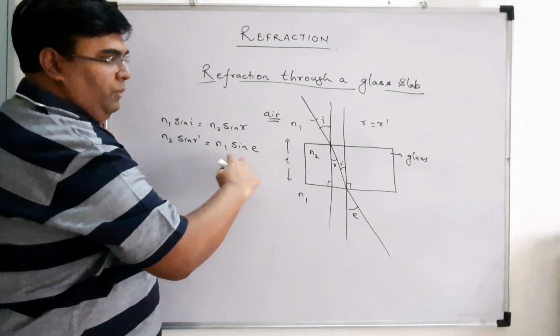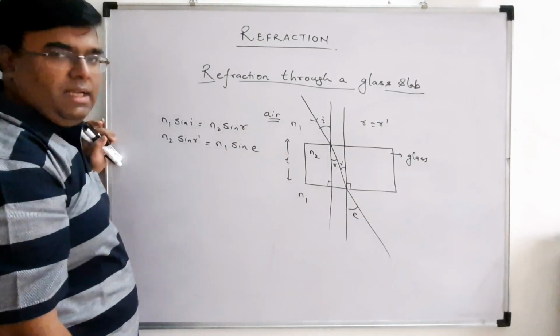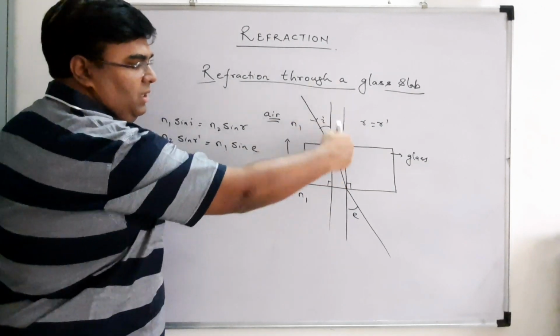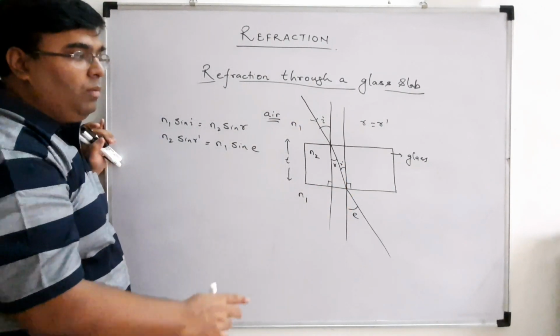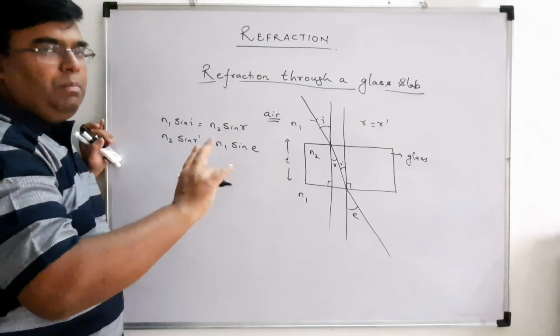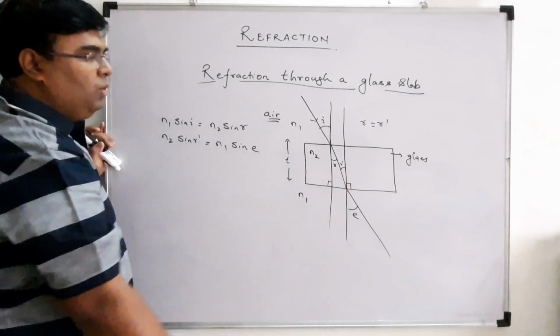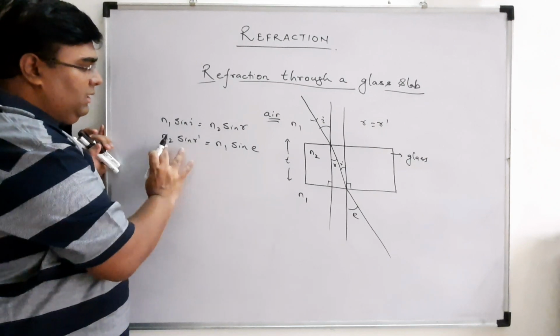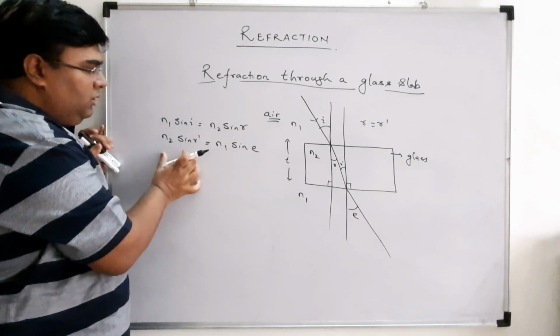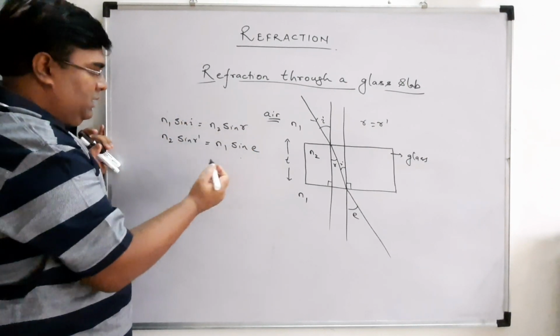Now we have already proved that R is equal to R dash, because these two lines are normal to the same surface, so they are parallel to each other. So these two terms are the same, and we can equate them.